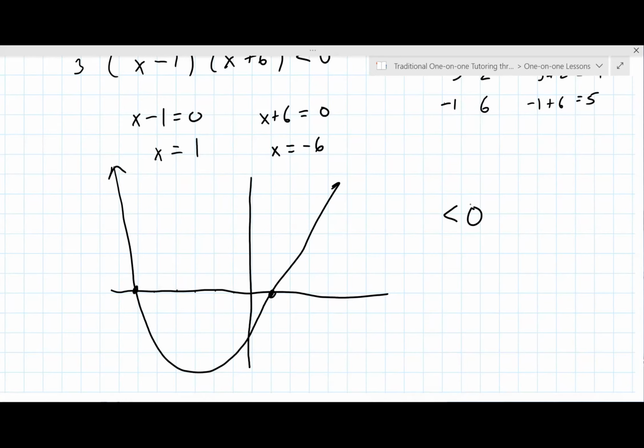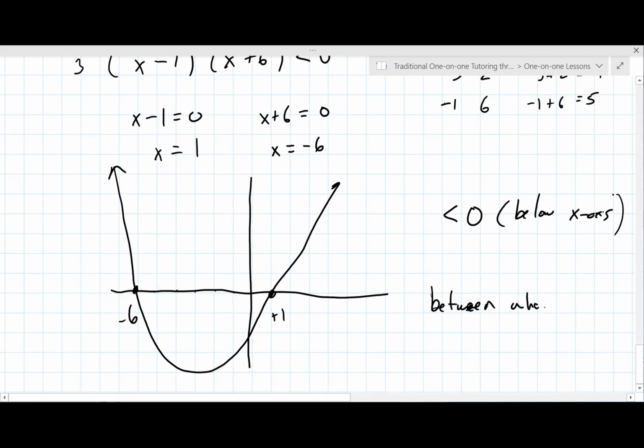Where is the graph below the x-axis? Between what two numbers?